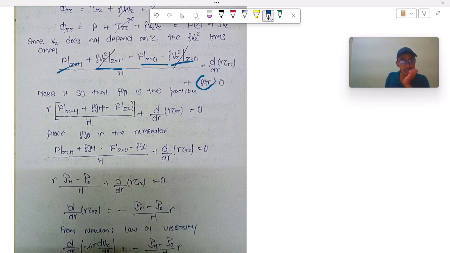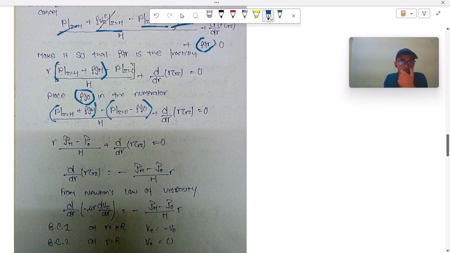To make this look similar, that is P plus rho g z at z is equal to h minus P at z is equal to 0, we have introduced rho g naught. So now the whole term will look similar, so that we can reduce it into a modified pressure term.